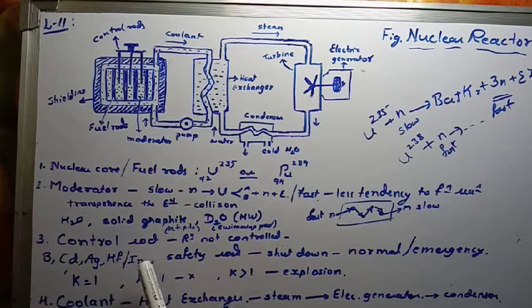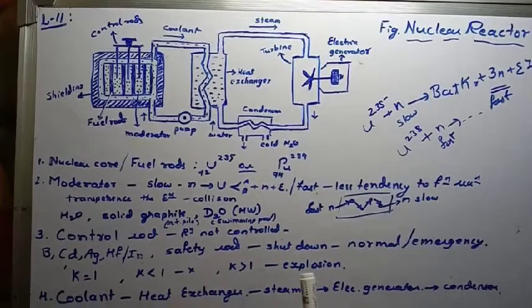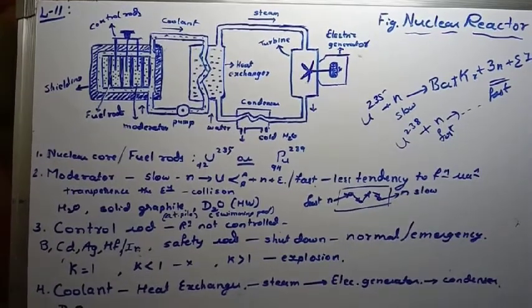The third one is control rods. Controlling the fission reaction is very necessary, to avoid explosion. In order to do so, control rods are very important, where they reduce the number of neutrons. You have seen that in each fission, 3 neutrons are liberated.